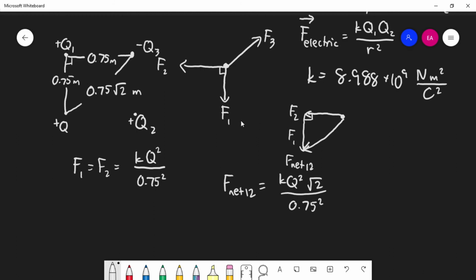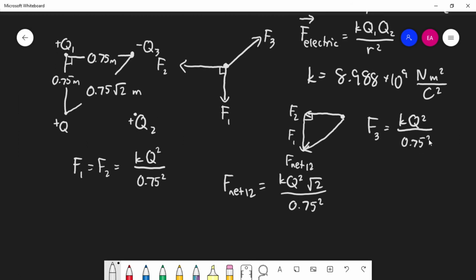Now, one more thing is F3. We have to find F3. That would be equal to, well, since we already have the direction, we just need to find the magnitude. So this becomes kQ squared, since both of them are of magnitude Q, over 0.75 square root of 2 squared.